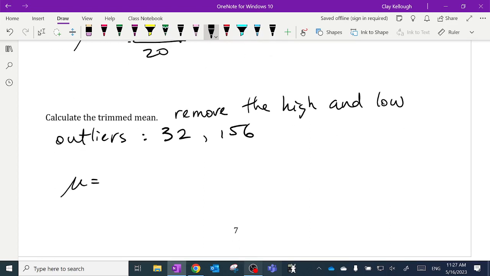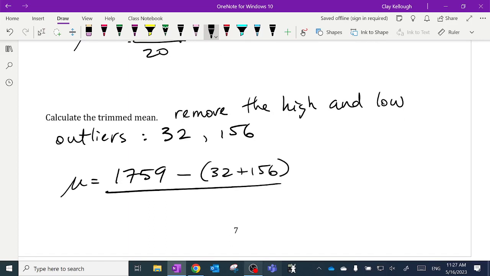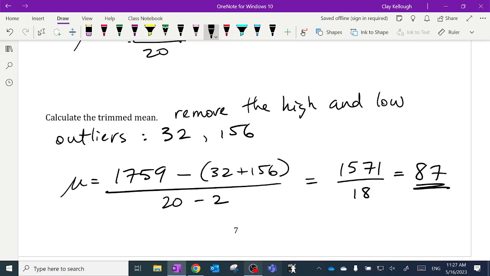So my new mean is to take 1759 minus 32 plus 156, and then instead of dividing by 20, I am now 2 less than that. This is 1571 over 18, which is 87.